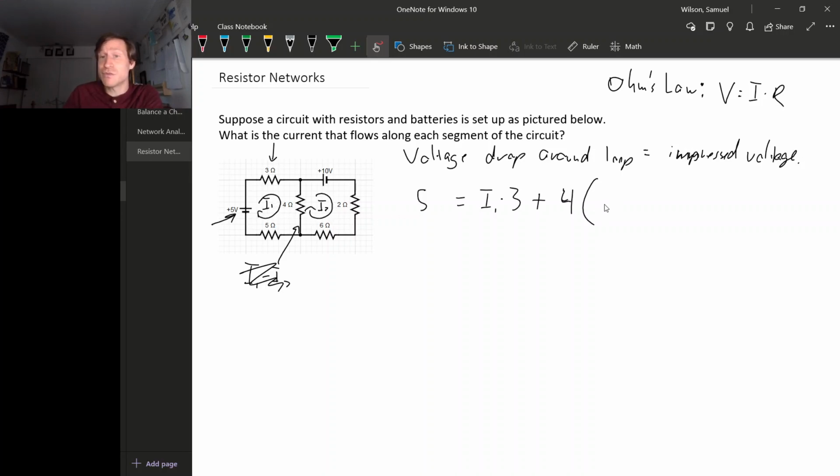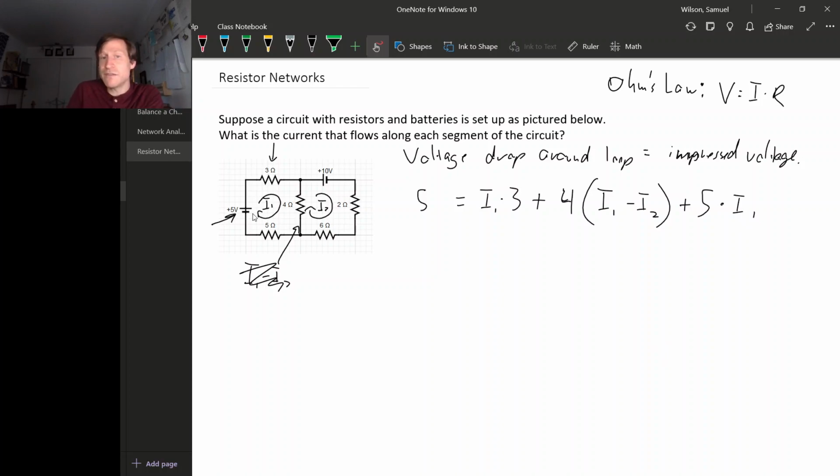So the current through this resistor is I1 minus I2. We're going clockwise around this loop. I1 is going with us, so I1 is positive, and I2 is going against us, and so that has to be negative. And then for the last resistor in this loop, it's 5 times the current, which is just I1.